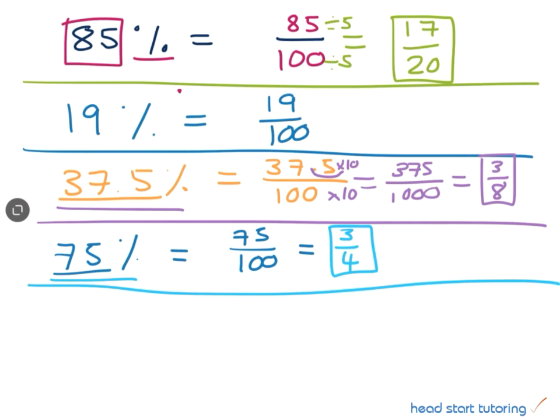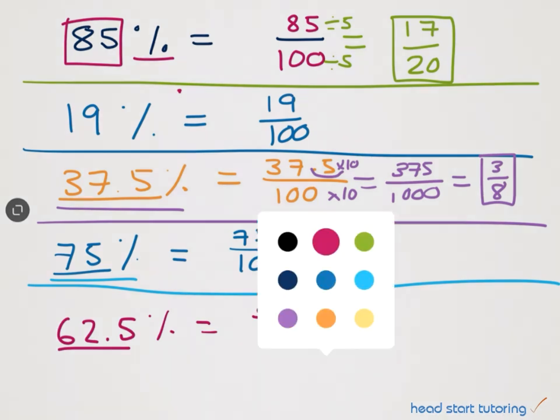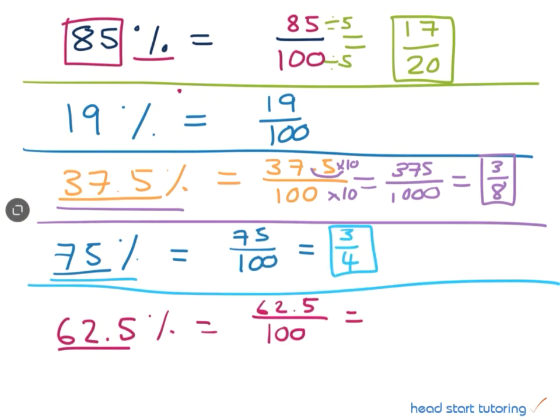Right, let's have a look at 62.5%. Again, when we are working with decimals, the same rule applies. We still need to put our number as our numerator and 100 as our denominator, and then we just multiply our numerator and our denominator by 10 so that we've got whole numbers.